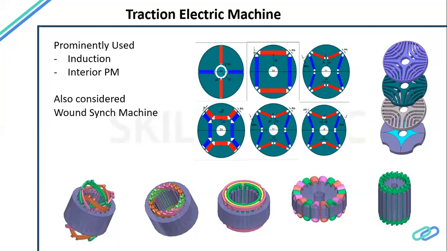But there is another consideration going on, because you remember that magnet cost is almost close to 40 to 45% of the total machine cost. So there is a wound synchronous machine that is coming up, which is shaping up. There are also other machine topologies where less permanent magnet is used, or ferrite is used.